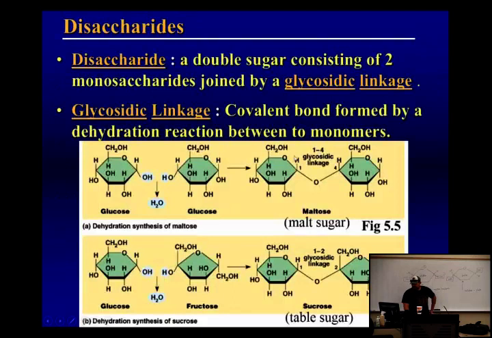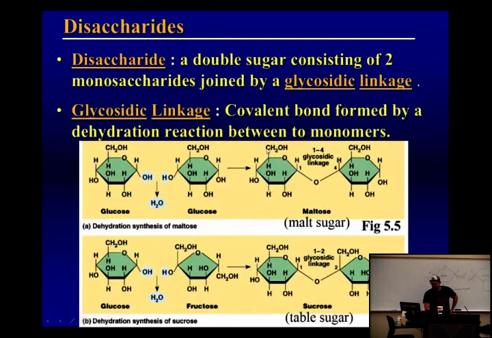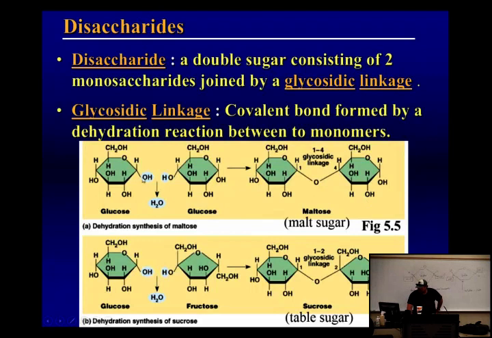So here's the numbering system. So this is 1, 2, 3, 4, 5, and that's the 6 carbon. Okay. So, and again, 1, 2, 3, 4, 5, 6. So this one is alpha 1,4 because it's from. You can see that these are cis, right? And I can tell you right now that that's alpha glucose because it's cis.